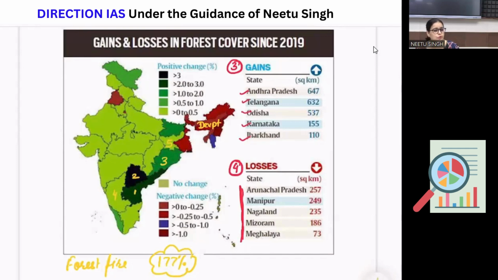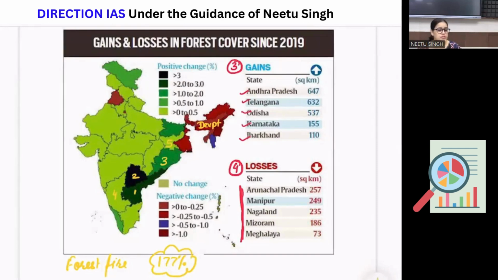Which provision of forest conservation talks about forest fire control? IFMS. IFMS is oriented towards development of quality control.